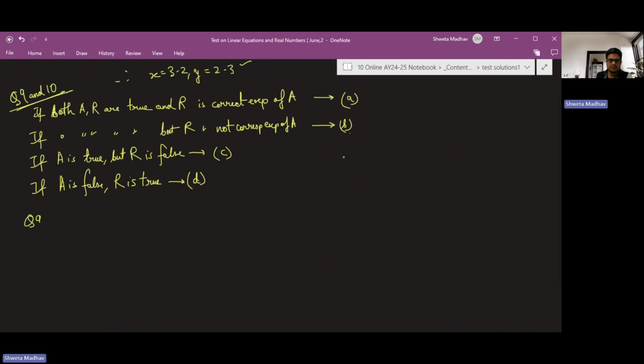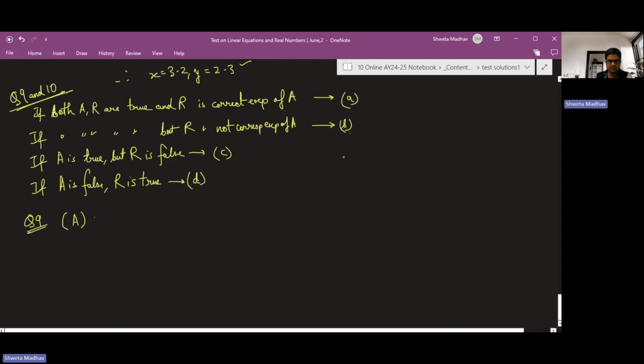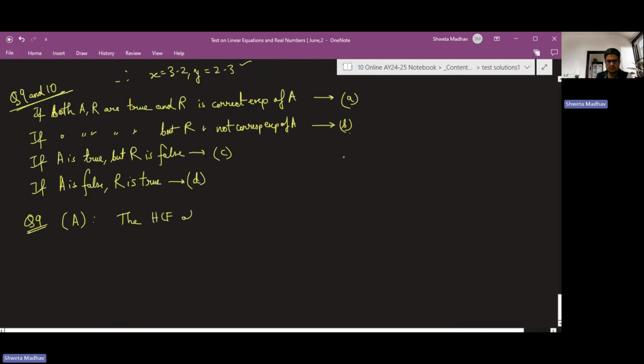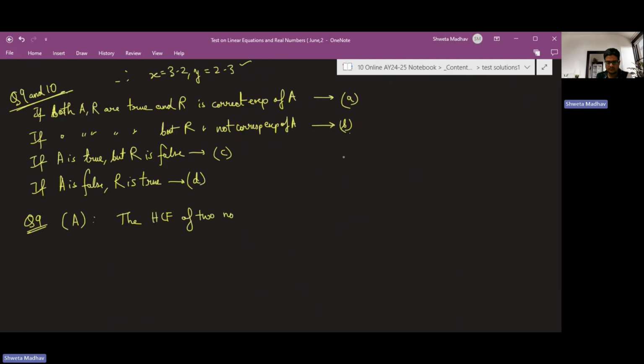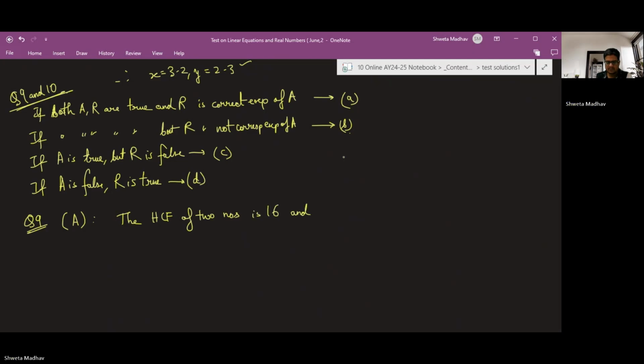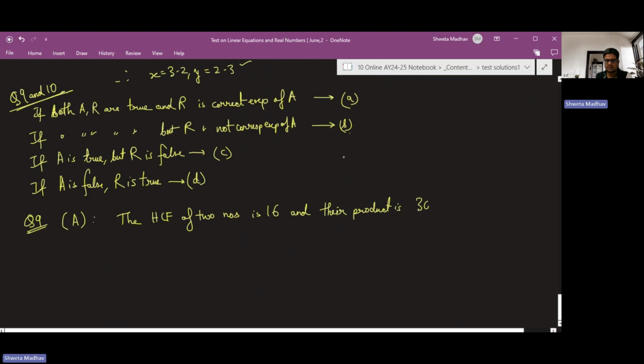So these are the four options we have to choose from for questions 9 and 10, since these two are assertion and reason based. In question number 9, the assertion is that if the HCF of two numbers is 16 and their product is 3072, then their LCM is 162.